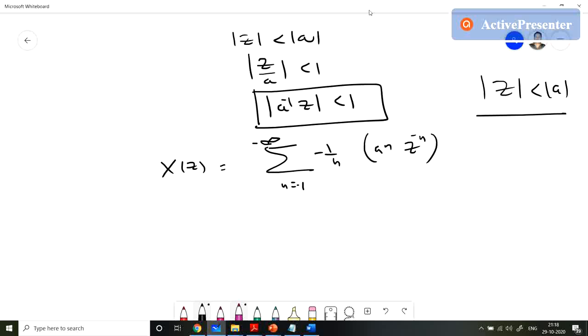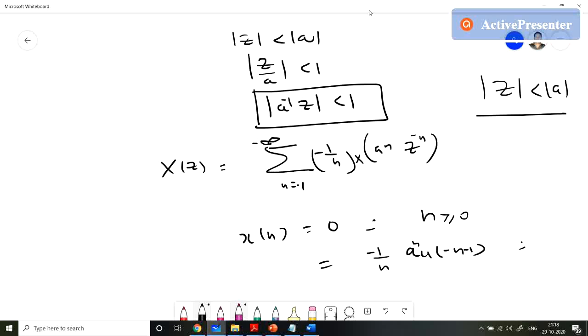If we just analyze this expression, what we are getting here is that x[n] is equal to 0 when n is greater than or equal to 0, and it is equal to minus 1 by n a raised to the power n u[minus n minus 1] when n is less than or equal to minus 1.